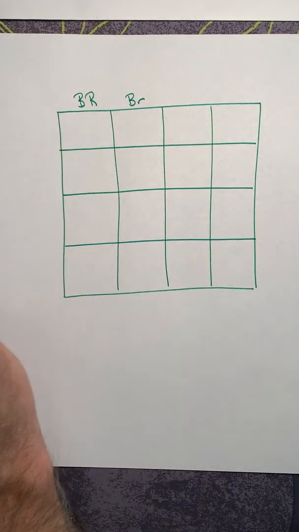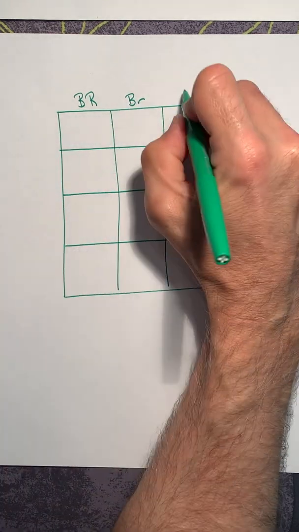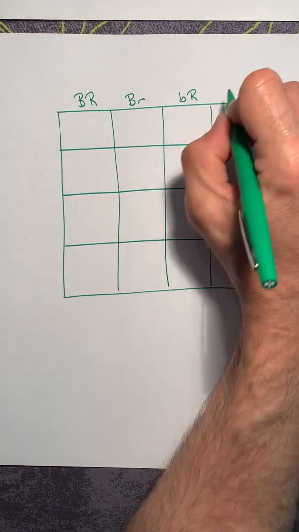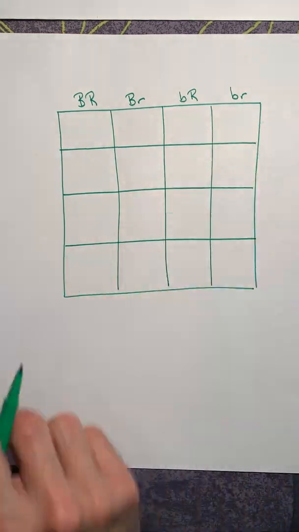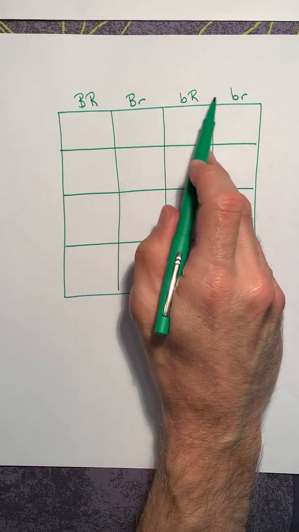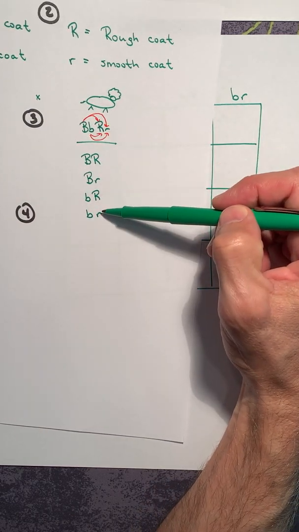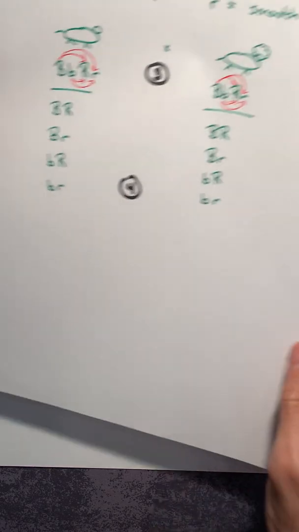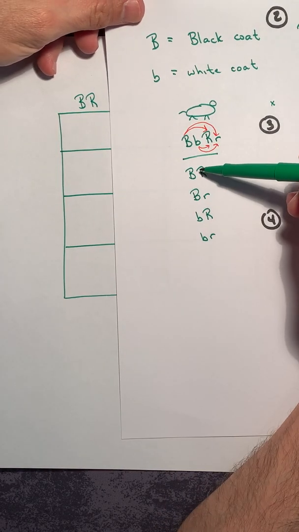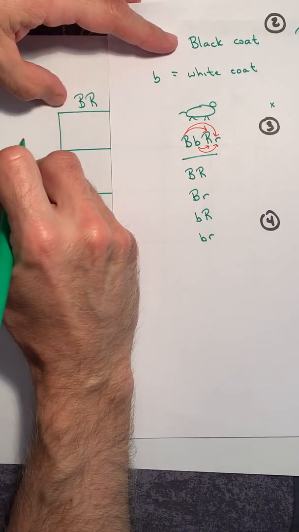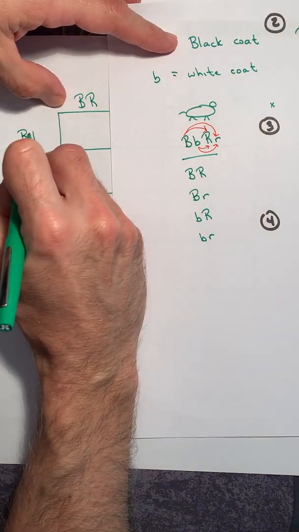So these 4 are what she offers her offspring. And then the same is true for the male. So the male offers these 4 to his offspring. So we're going to take these 4 and simply put them on the other side of the Punnett square.